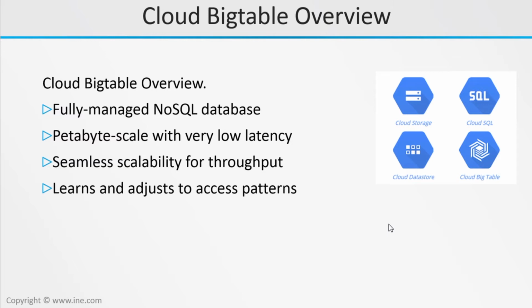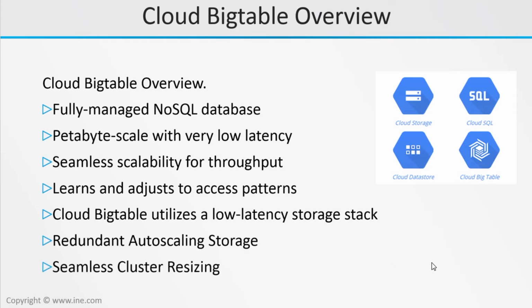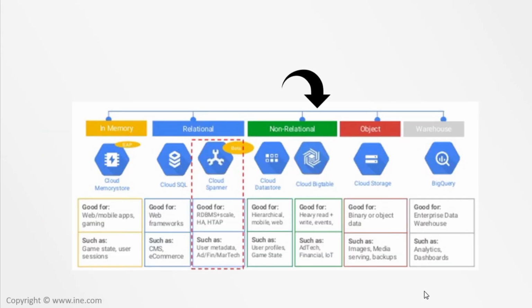You're also not limited by QPS. Again, this is low ops, so it's managed. And you could resize your configuration in seconds. It uses a low latency storage stack, and it has redundant auto scaling and seamless cluster resizing.